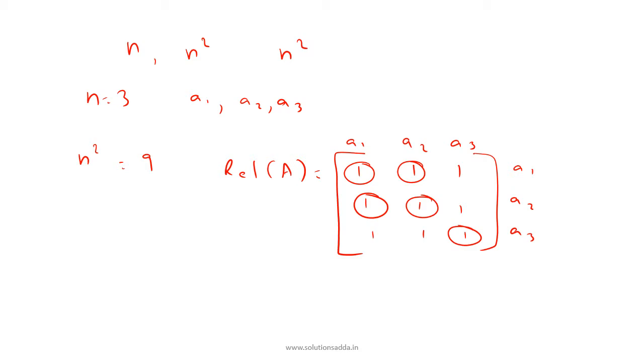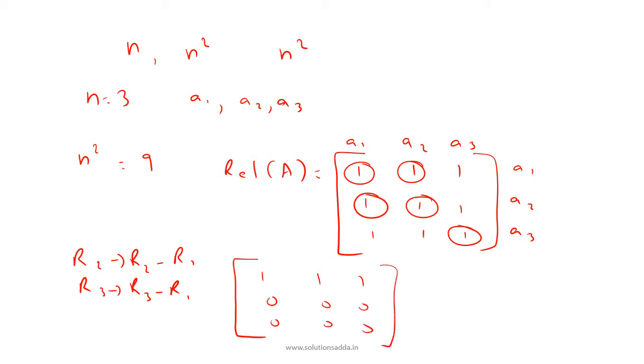Now let's calculate the rank. We can apply the row operations R2 becomes R2 minus R1 and R3 becomes R3 minus R1. So the relation can be rewritten as: 1, 1, 1, 0, 0, 0, 0, 0, 0.